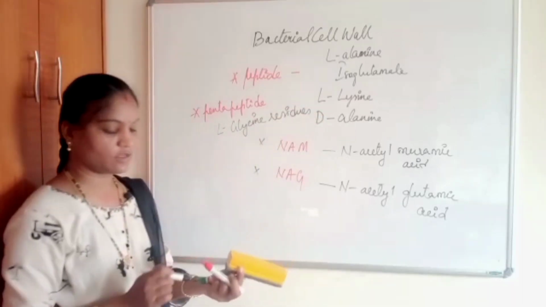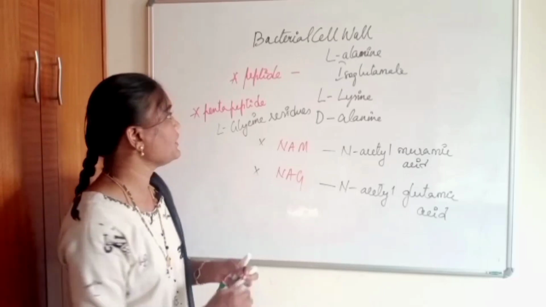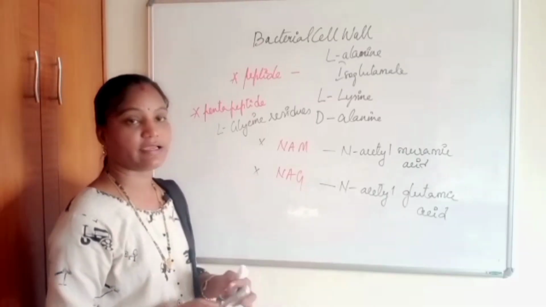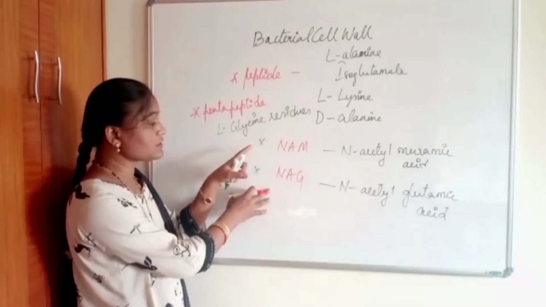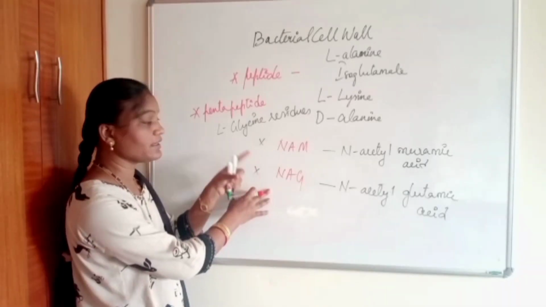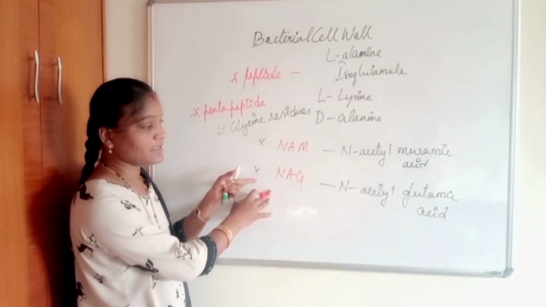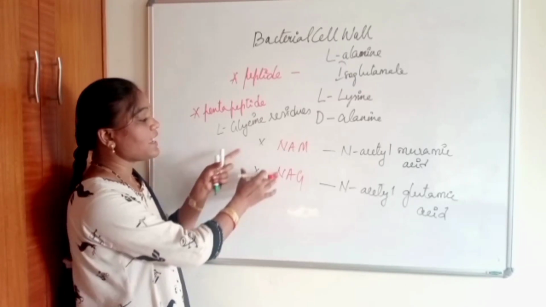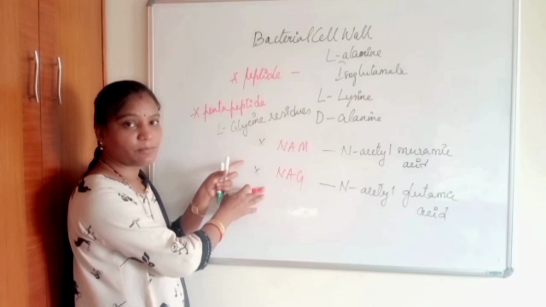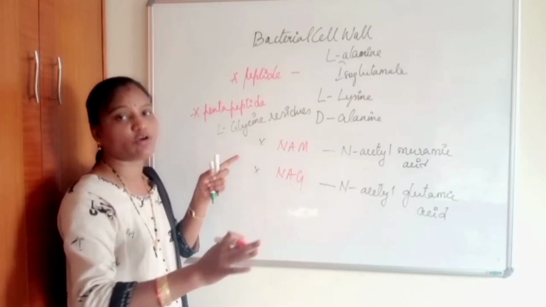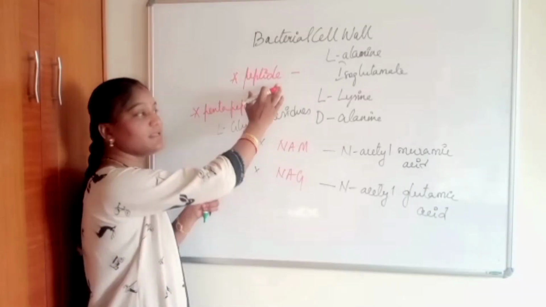So this is the overall composition of your peptidoglycan layer, that is your murein layer. It is composed of two alternating units, NAM and NAG, where NAM means N-acetyl muramic acid and NAG means N-acetyl glucosamine. Both alternating units are cross-bridged to form a framework in your bacterial cell wall, and these are cross-bridged with peptide linkages.